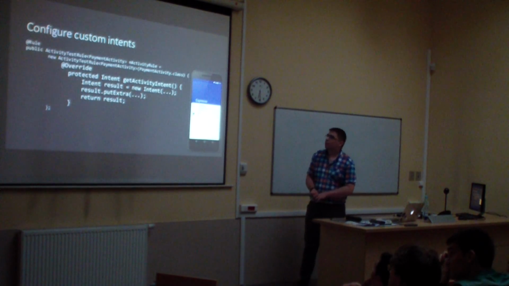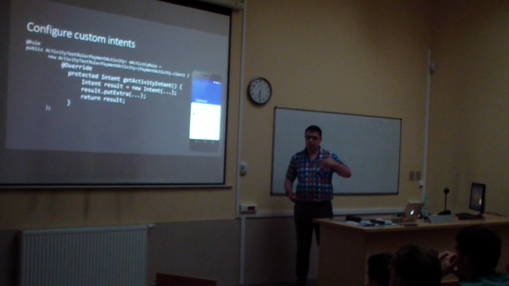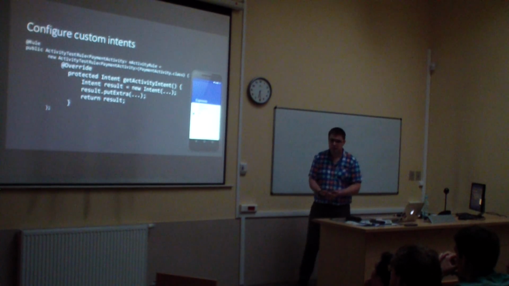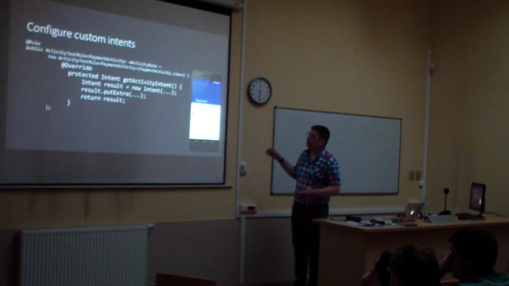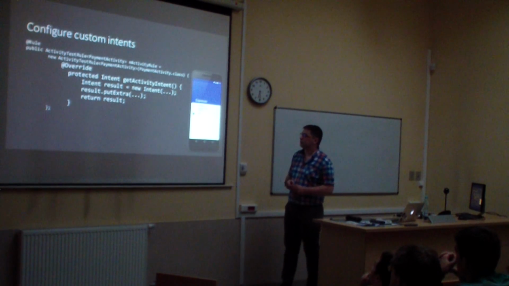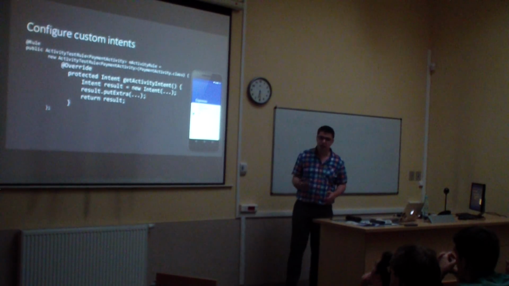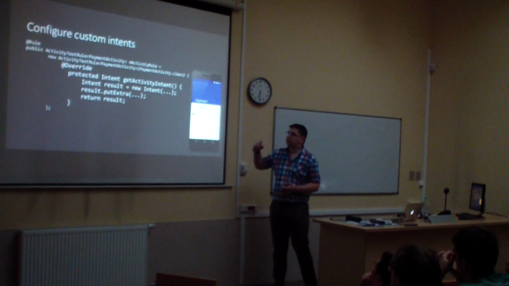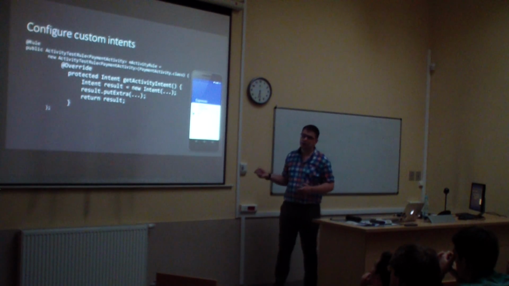Right now we move to how we can configure a custom intent, because of course we can start the application from the main list, then move to another activity, then to another activity. But a better way is to configure just the intent. For it, the first way is to update the rule annotation, because the rule annotation is mandatory. For example, we can override getActivityIntent.